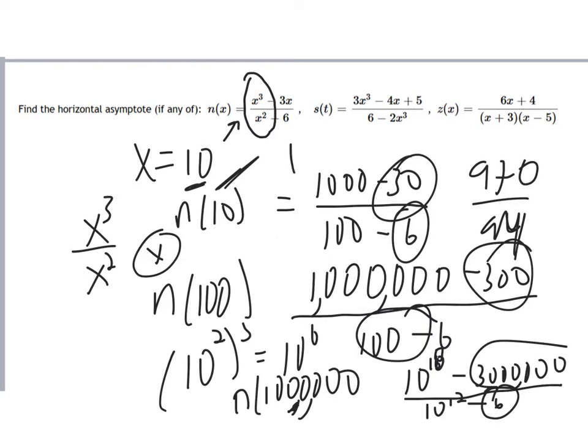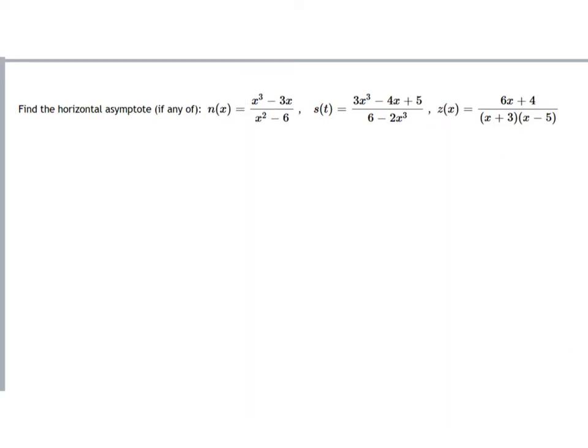We call this a top-heavy function, because the degree of the numerator is bigger than the degree of the denominator. This is a bigger power than this, so it's going to grow forever or decrease forever if there's some reflections going on. So if the degree of the numerator is bigger than the degree of the denominator, there's going to be no horizontal asymptote. So that's going to be no HA.